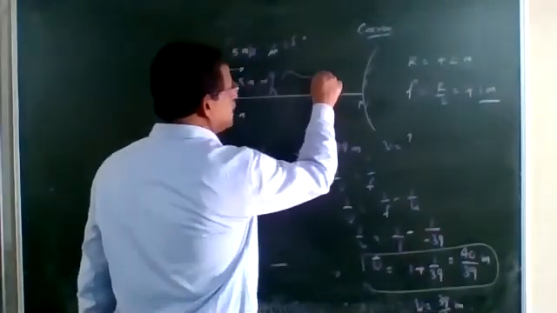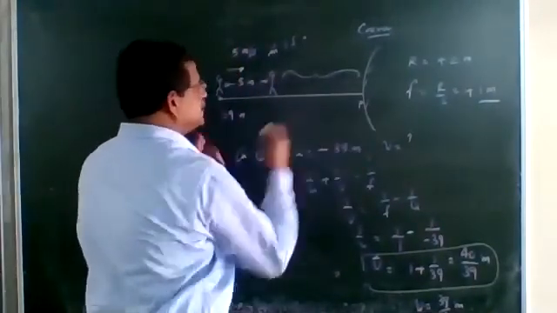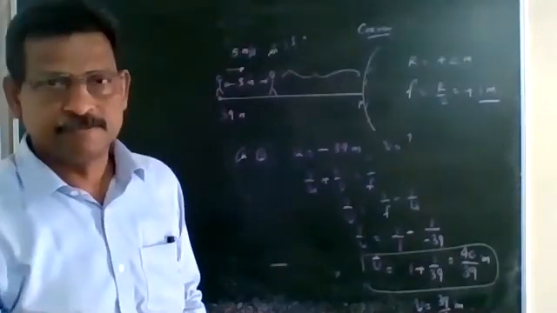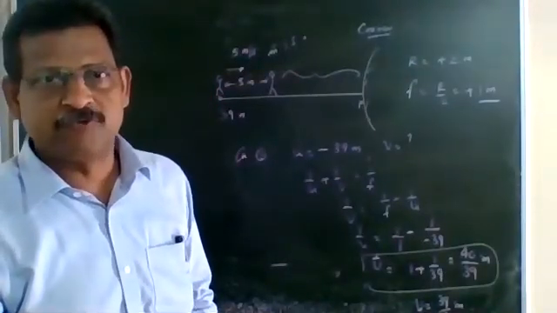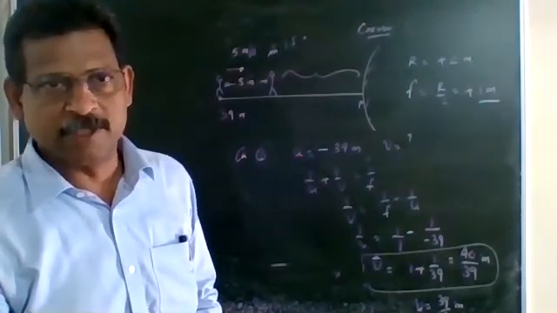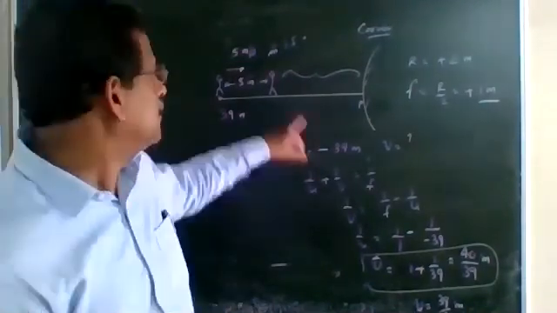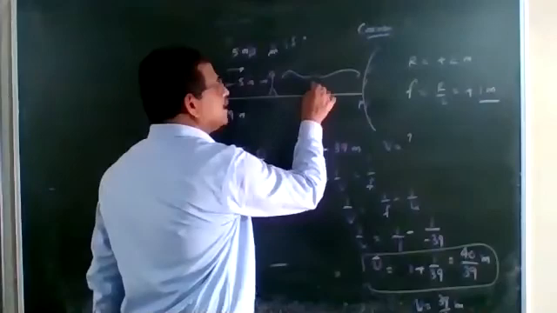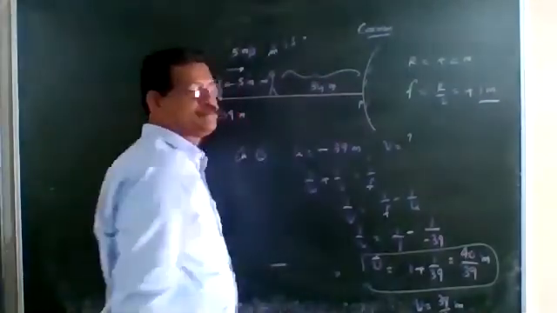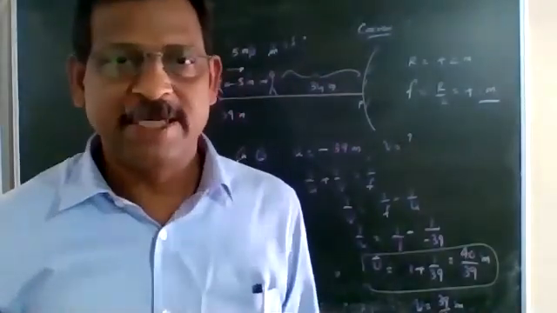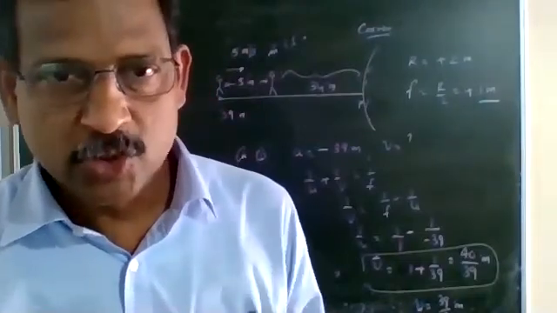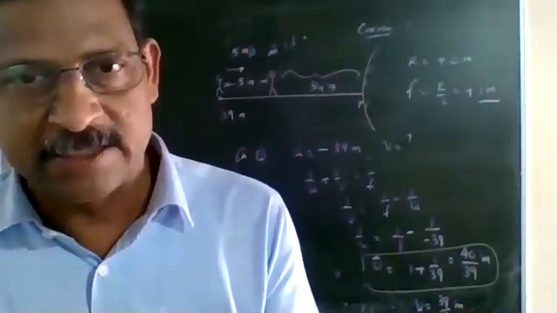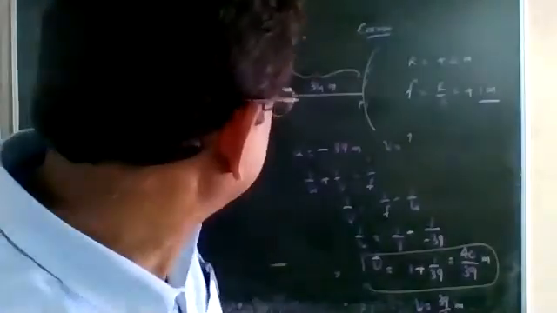The new position of the object is from here to here. What distance? 39 minus 5 equal to 34 meters. So now the object is at 34 meters. Consider this as the object distance and find its image using the same method.